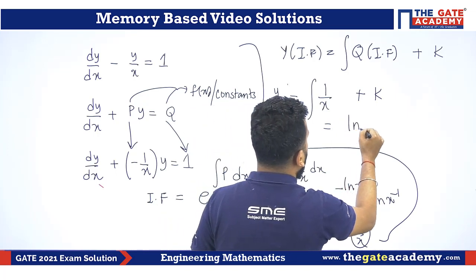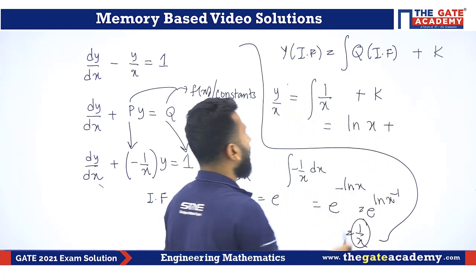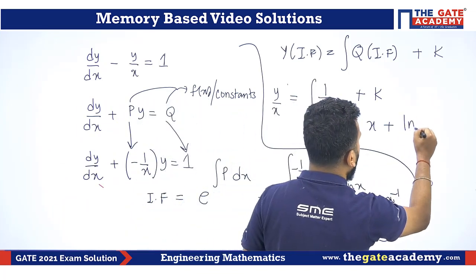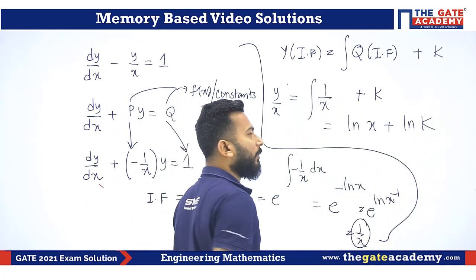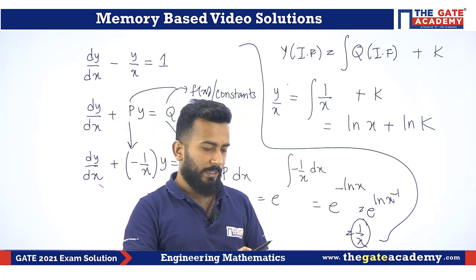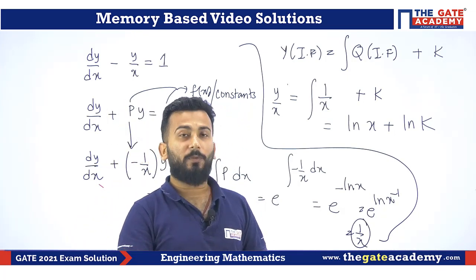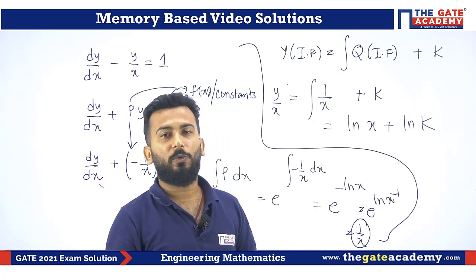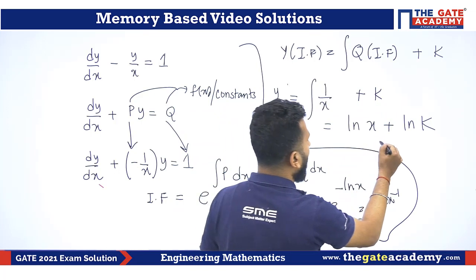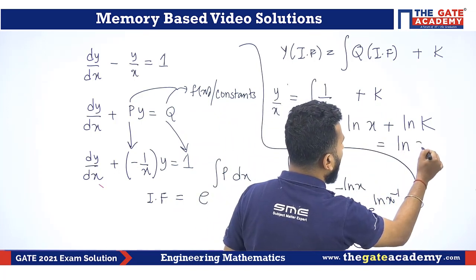It is ln x, and well, it's a ln question, so let me write ln k itself. Ln k, I can easily write that. Why do I write ln k? Because most of the options that I am seeing are of the form ln of something. So yes, I hope that you got the point that I can write k as ln k. This is coming out to be ln x into k.